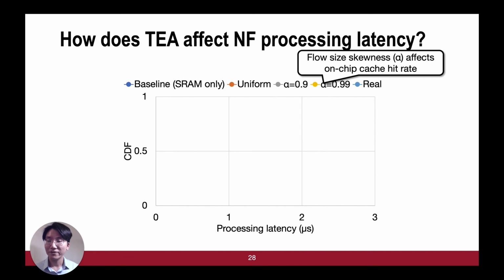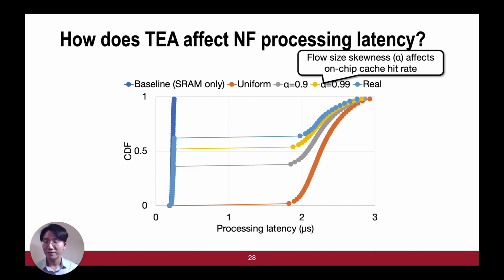And we compare it against the baseline, which only uses the switch's SRAM without accessing external DRAM. Here, the x-axis is the latency and the y-axis represents the CDF of the latency. This is the distribution of the baseline's latency, which takes a few hundreds of nanoseconds. And this is the result for T-enabled NAT.